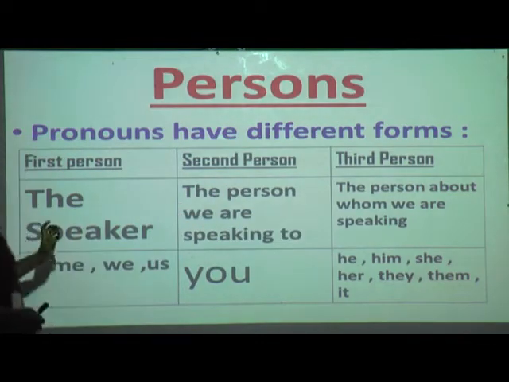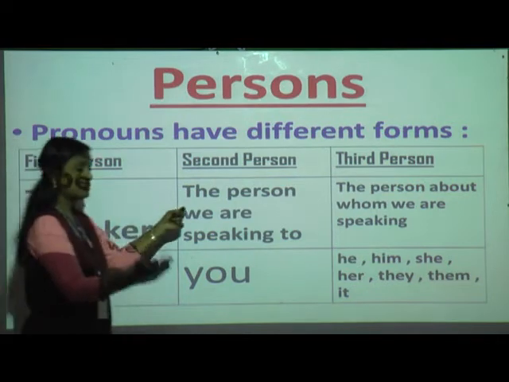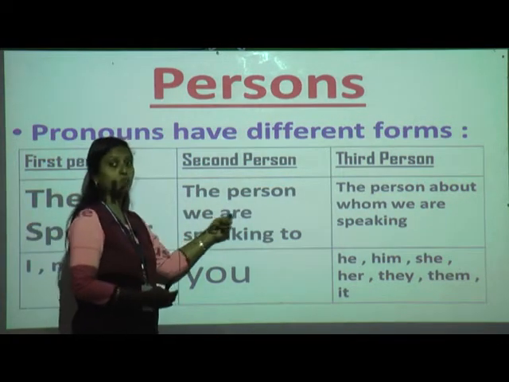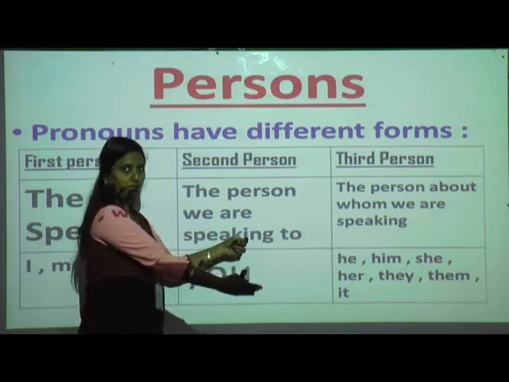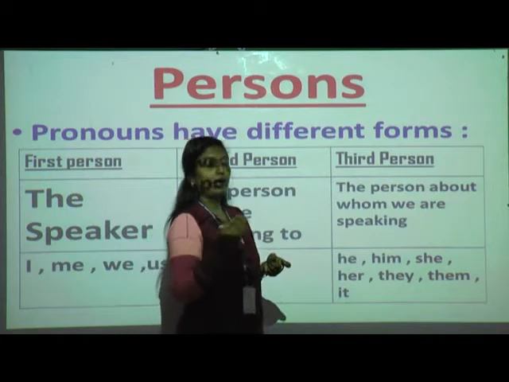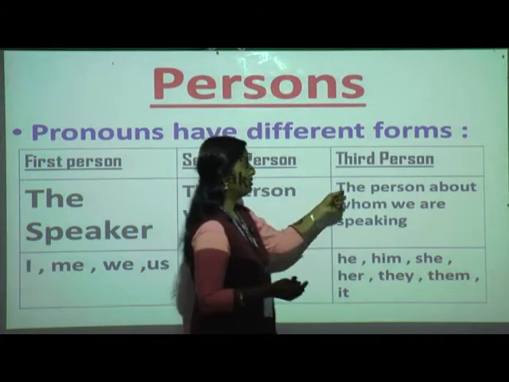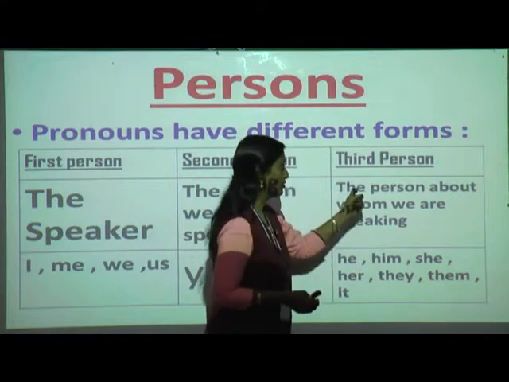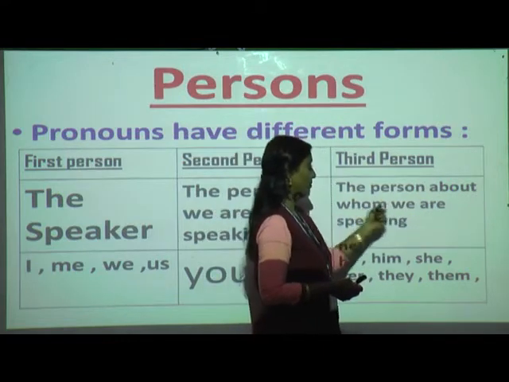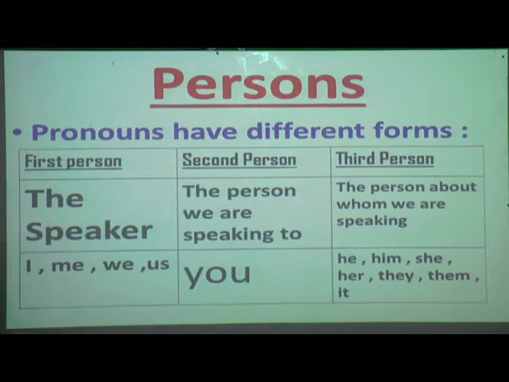Again I will repeat. First person is the speaker, the one who is speaking. The second person is the person to whom I am speaking. And if I want to give a message about someone or ask about someone, that is the third person, the person about whom we are speaking.